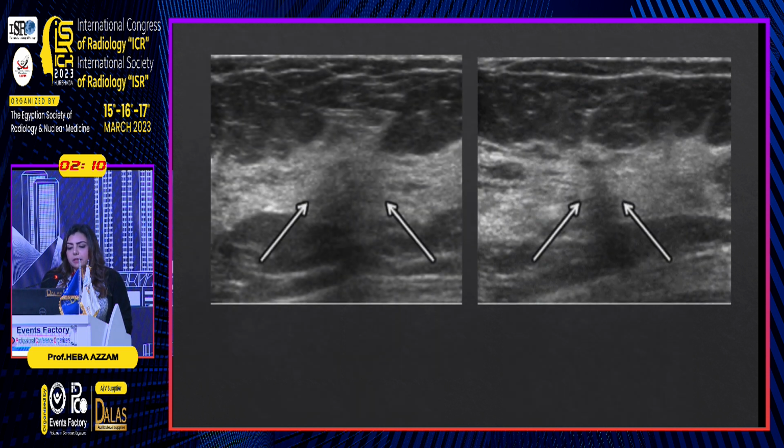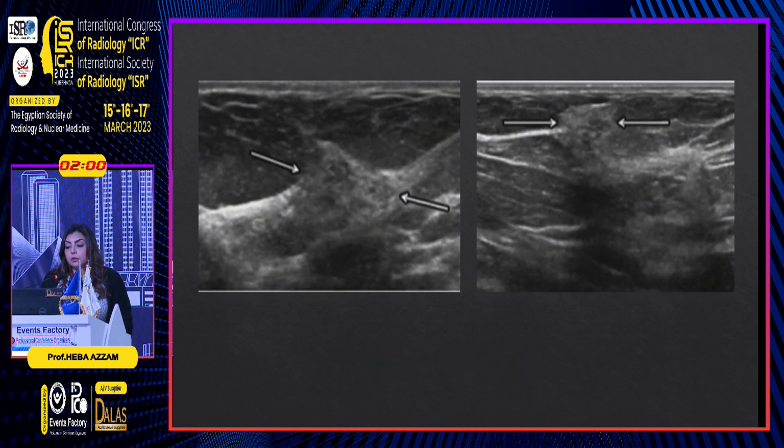In this case, we can see a focal hypoechoic non-mass lesion by ultrasound. A biopsy revealed invasive ductal carcinoma. These are ultrasound images of a focal mixed echogenicity non-mass lesion, and the biopsy revealed ductal carcinoma in situ.